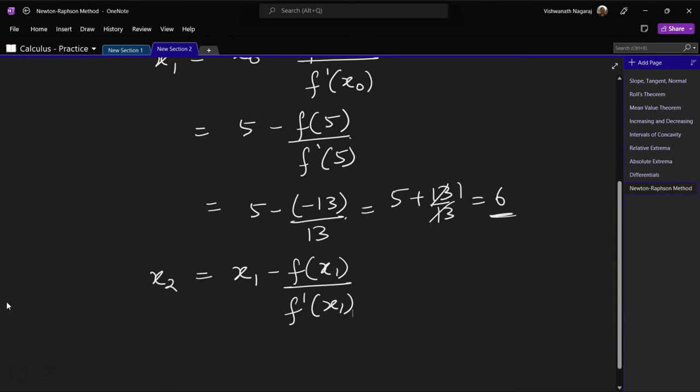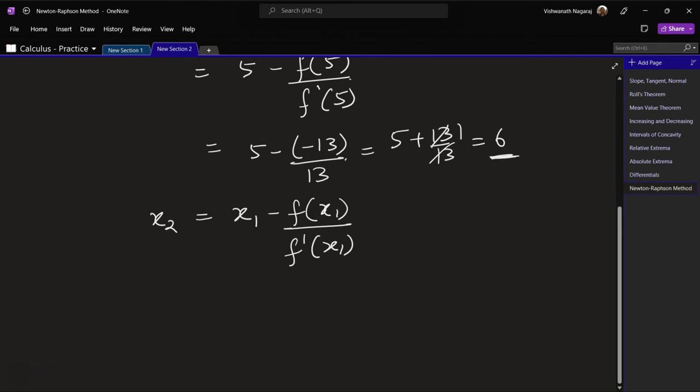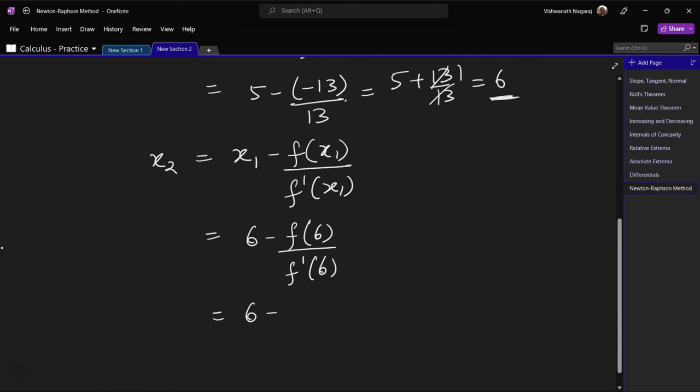Now we are going to use the second evaluated approximation. So this will become 6 minus f of 6 by f prime of 6. If we evaluate it, we get 6 minus 9 by 32, which is equal to 192 minus 9 by 32, which will be equal to 183 by 30.